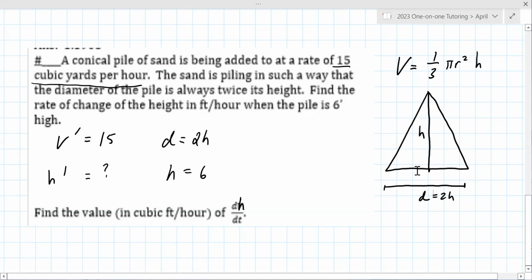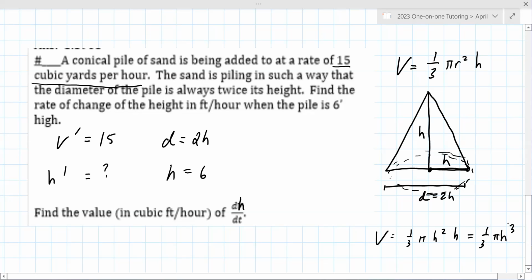So if you cut it in half, the radius is h. So the volume is really 1/3 pi h squared times h, or 1/3 pi h cubed.